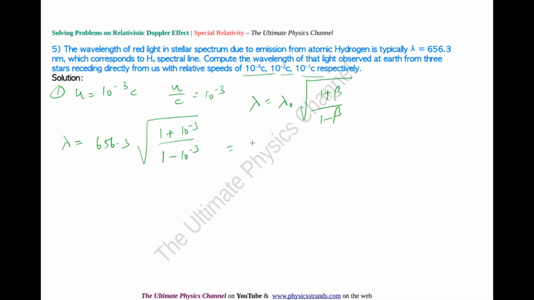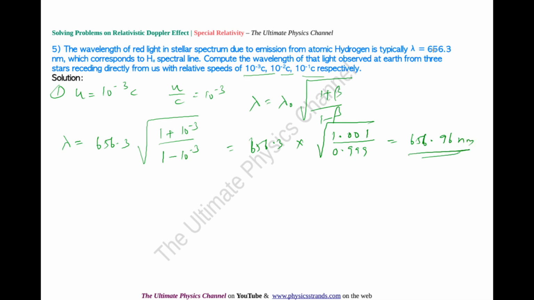So that would be equal to 656.3 times square root of 1.001 over 0.999, right? That would be, if you do the math, 656.96 nanometers.